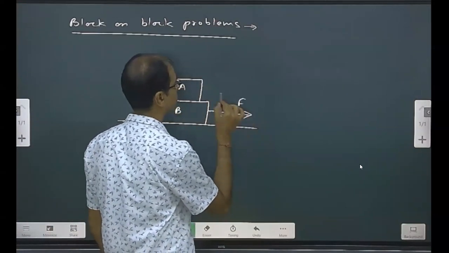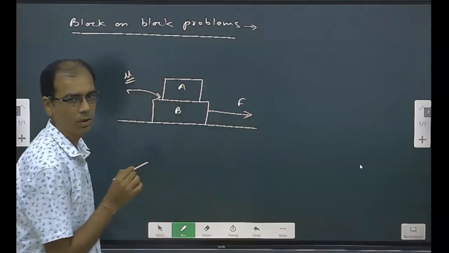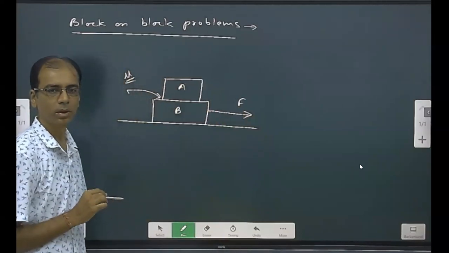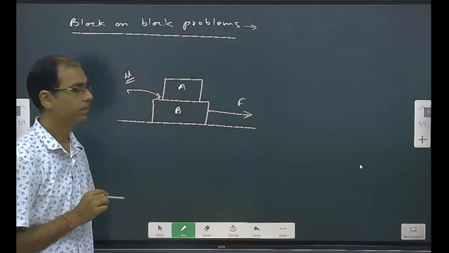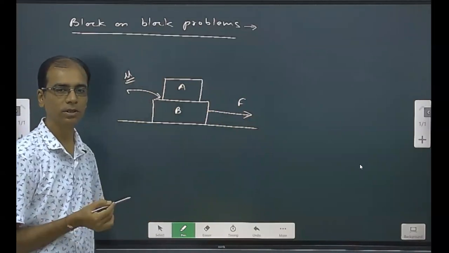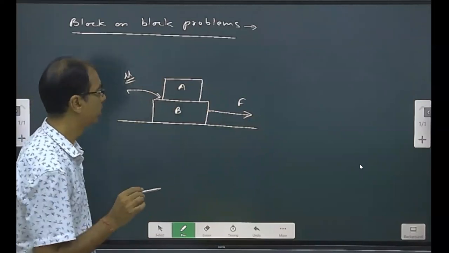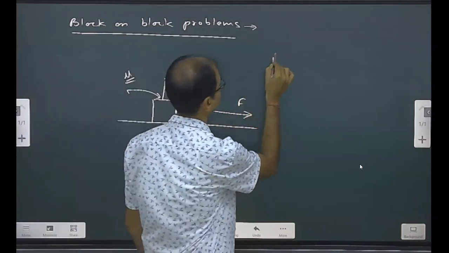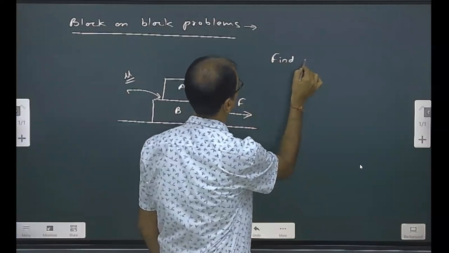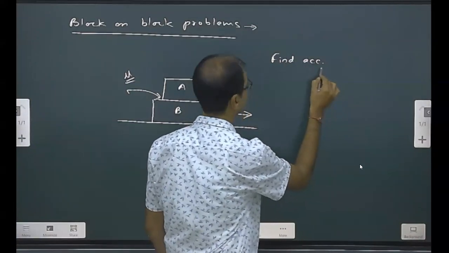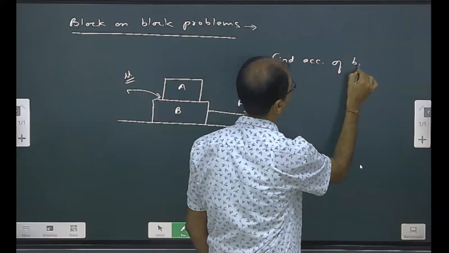We can apply the force on the top also, we can apply force on the bottom one also. What will be asked? It will be asked from us to find the acceleration of both the blocks.